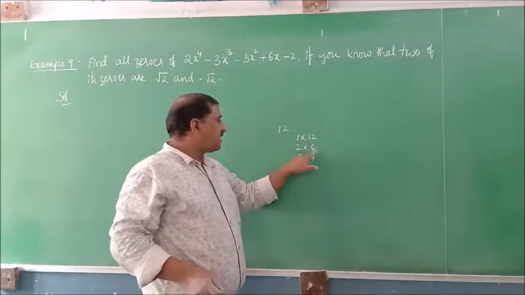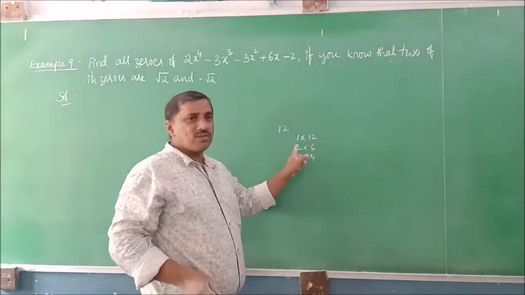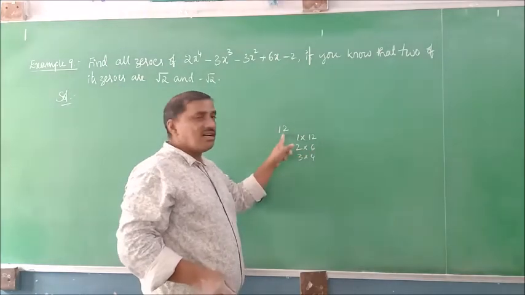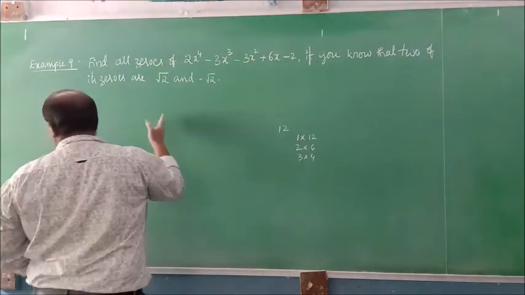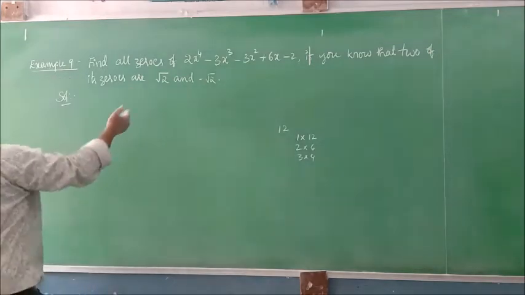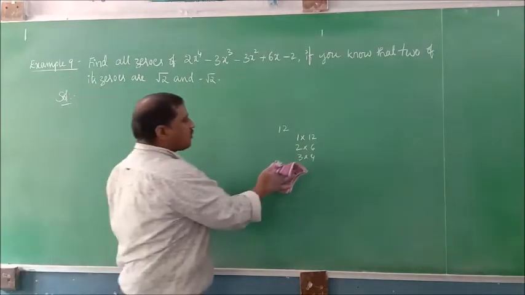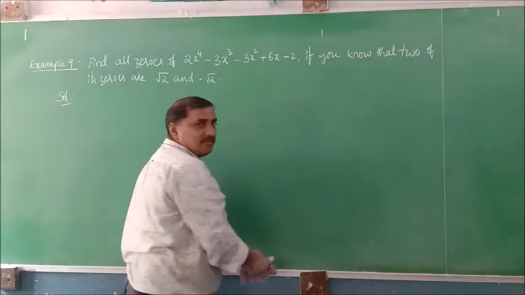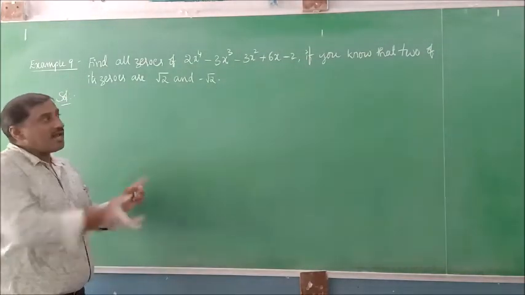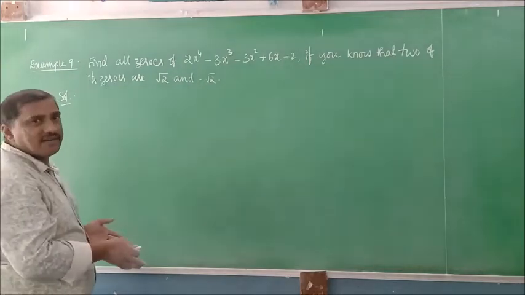The product of these two, 2 into 6, is 12, and 12 is also a factor of 12. So the same concept we can also apply for polynomials. When two numbers are factors of a given number, then their product is also a factor of the given number.